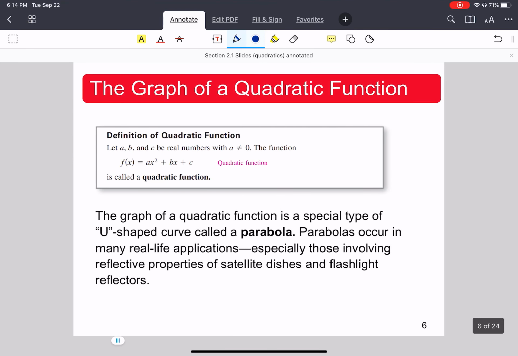In the second case, if a is negative, then we're going to say the parabola opens downward. So depending on what a is, if a is positive, then the parabola opens up. If a is negative, then the parabola opens down. So those are the two scenarios. Whenever a is positive, the vertex is the lowest point. Whenever a is negative, the vertex is the highest point.